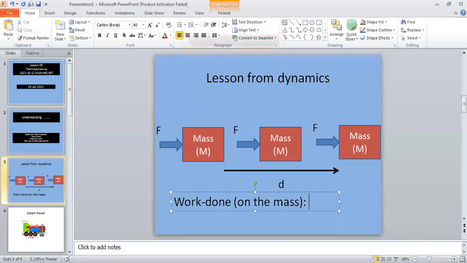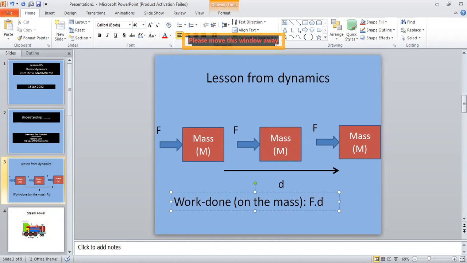Even you are capable of applying a force. Yeah, so it's a capability even we have. So work done, we can quantify as force times displacement.